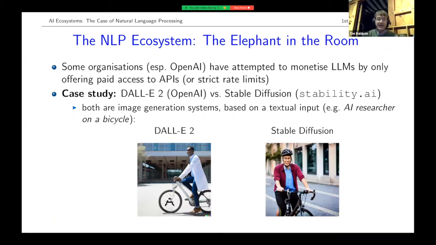That's a little bit of an aside, a little bit of a case study that I wanted to mention, partly to reflect on this question of ecosystem and sharing of models. So OpenAI is kind of the elephant in the room here that I hadn't mentioned, that has released GPT-3, for example, who have used a very different paradigm of trying to monetize large language models, with some success, to be fair.